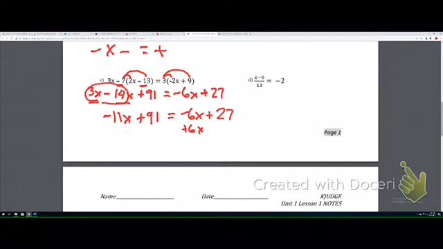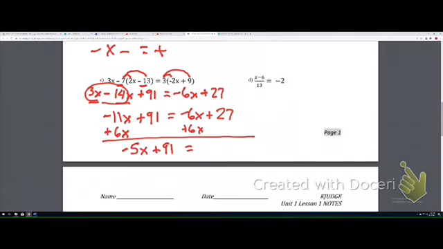Remember, when you have a negative, you're going to do the opposite, which is to add on both sides. Whatever you do to one side, you have to do to the other. That's going to give me negative 5x plus 91 equals 27. So we have all the variables on one side.